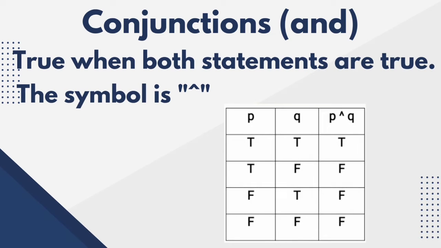Conjunction. Conjunction is also known as AND. A conjunction is true when both statements are true. It is denoted by the symbol represented there. If P and Q are both true, then P and Q is true.